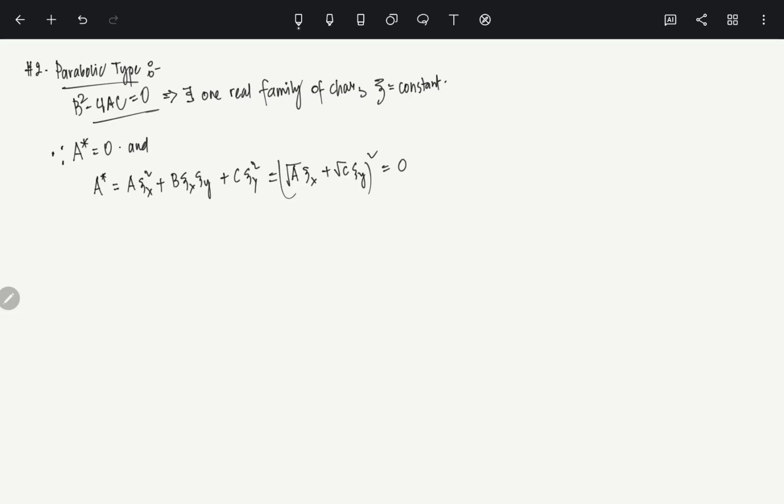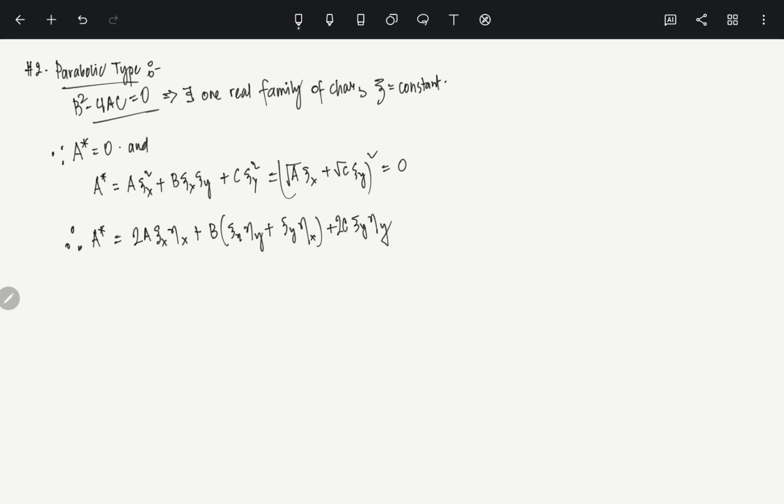Therefore, it follows that the cross coefficient is given by 2a xi x eta x plus b times xi x eta y plus xi y eta x plus 2c xi y eta y.